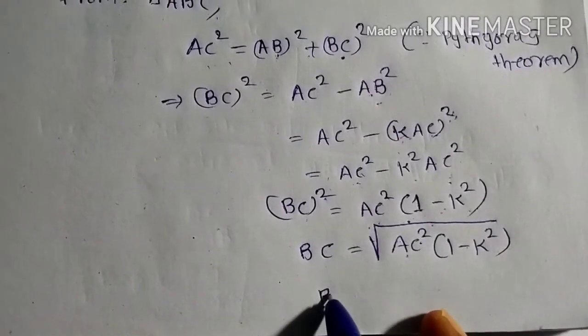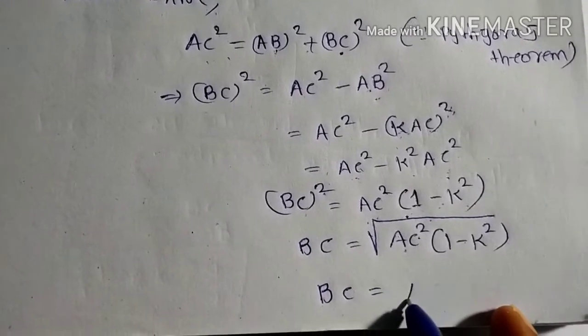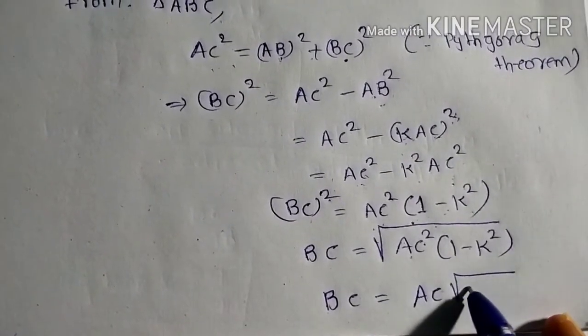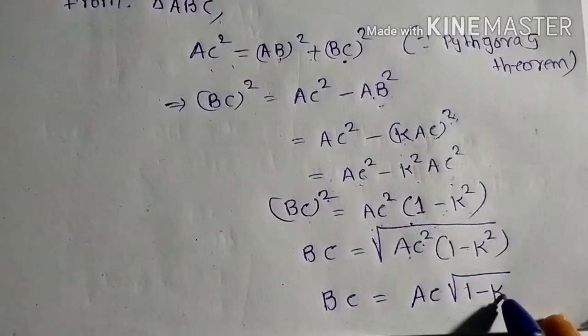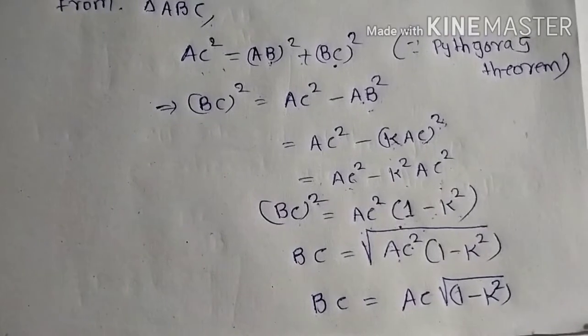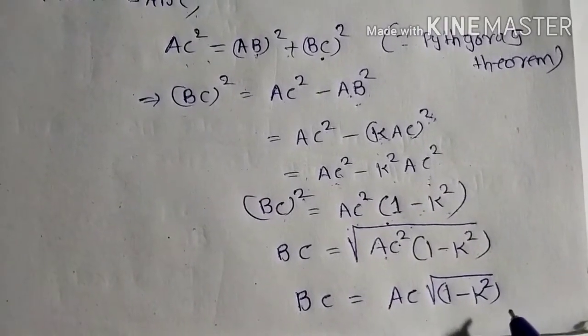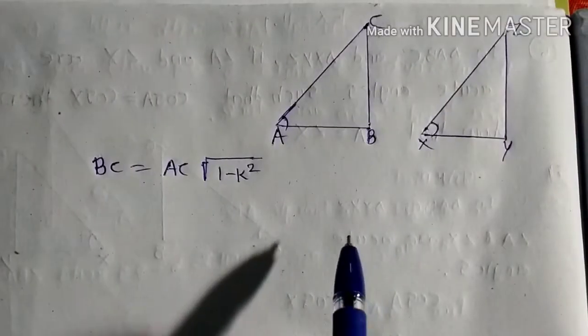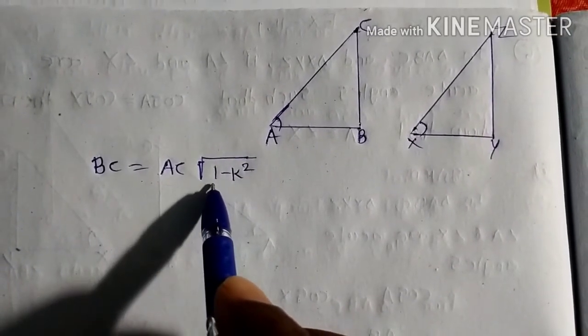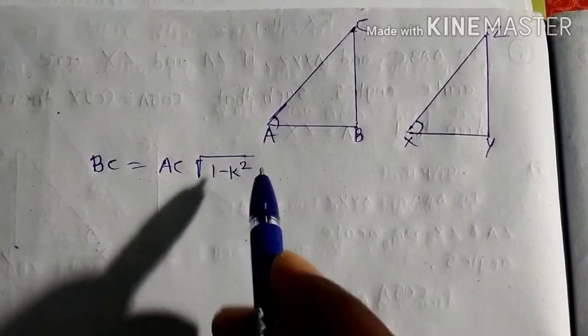That means you can write here BC is equal to AC into square root 1 minus K square. See here already we got BC is equal to AC into square root of 1 minus K square.